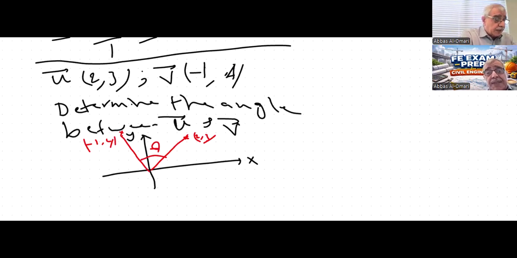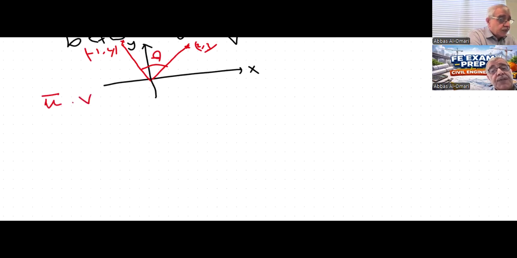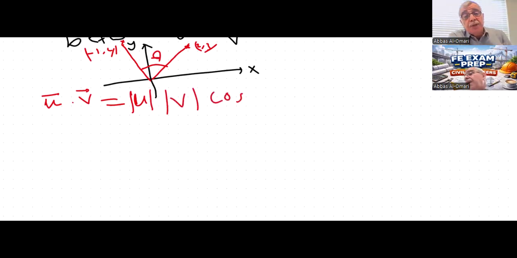Now, when we are asked about the angle between two vectors, we always use the dot product. Our way to find the angle between two vectors is the dot product. The dot product u dot v equals the value of u multiplied by the value of v cosine theta, where theta is the angle between the two vectors.